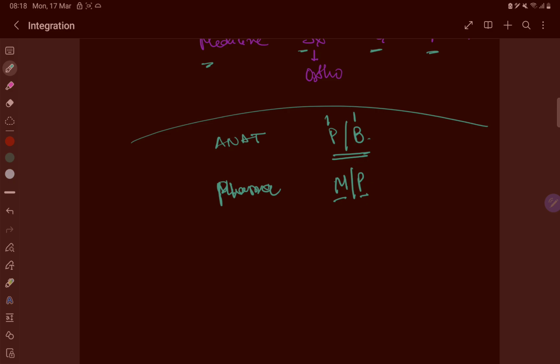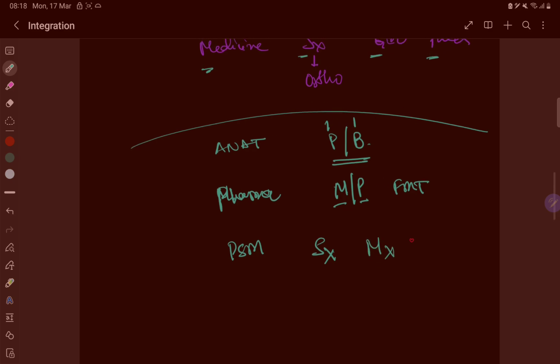There was only one paper, and also FMT was there. Okay, there was no ENT, there was PSM. There was no ENT because ENT was there in surgery only, and there was medicine as such in whole, and even gynae and obs was there in surgery only.